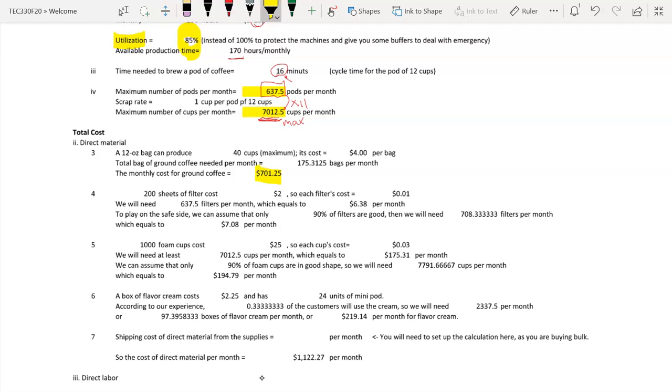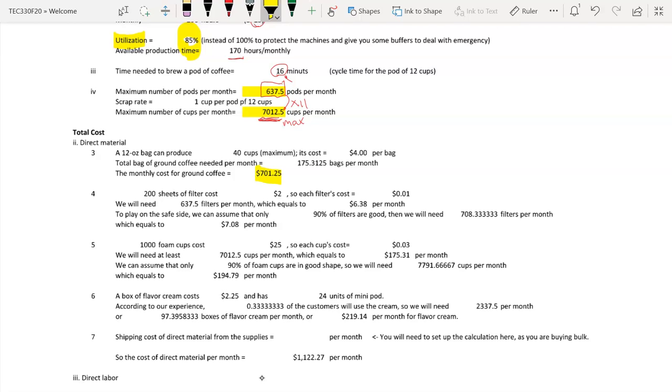Of course, you may argue that not all the bags we can produce are integer numbers, but because we already incorporate a 1 cup per pot scrap rate, for now we're just assuming the rest of them will be able to sell 100%.